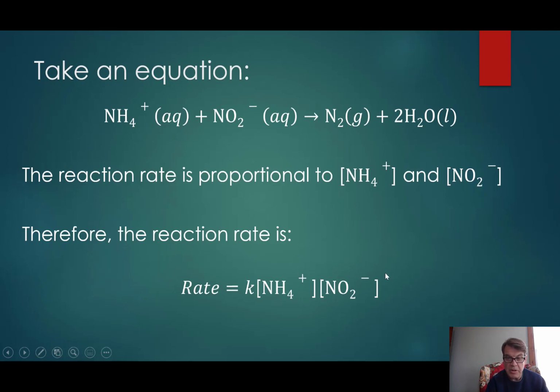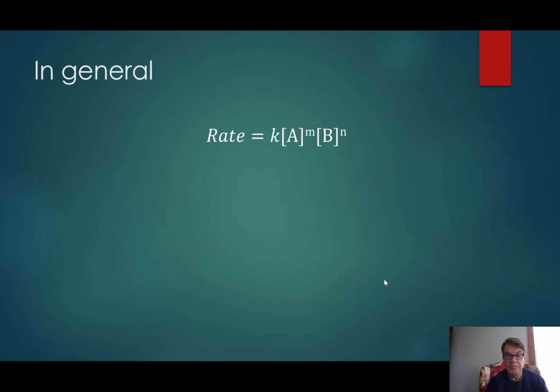If there's no exponent written, then it's to the first power. So for the nitrite ion, it's to the first power, and the ammonium ion is also to the first power. So we say it's first order.